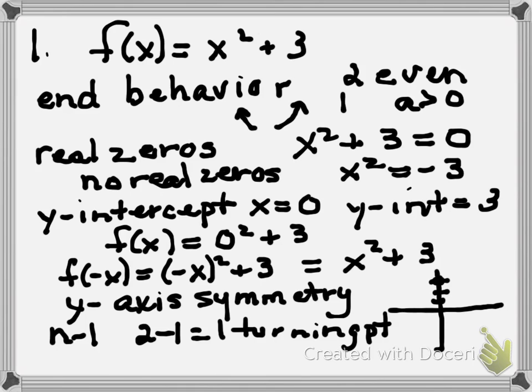This should look familiar to you, what we're getting here is this. And that's consistent with the fact that there are no real zeros. That is, it's not going to touch or cross the x-axis. So it rises right and left. It has no real zeros. It crosses the y-axis at 3. And it has one turning point here, actually at 0, 3.